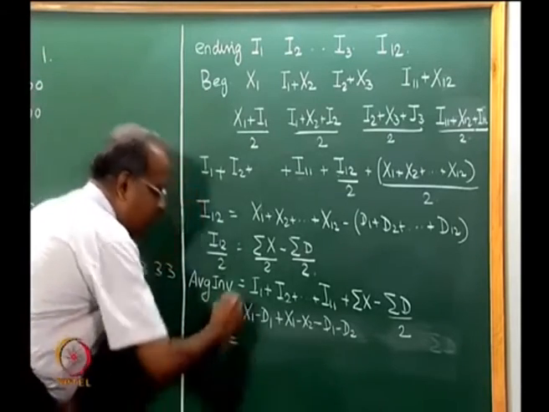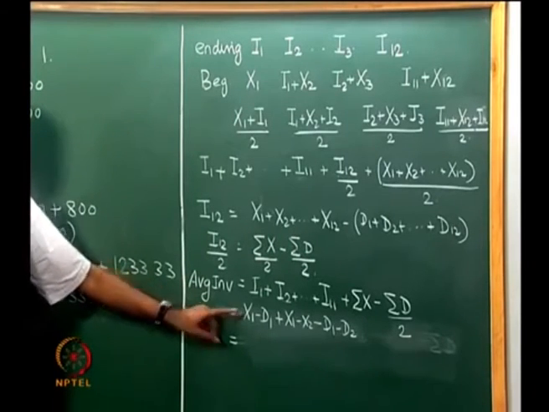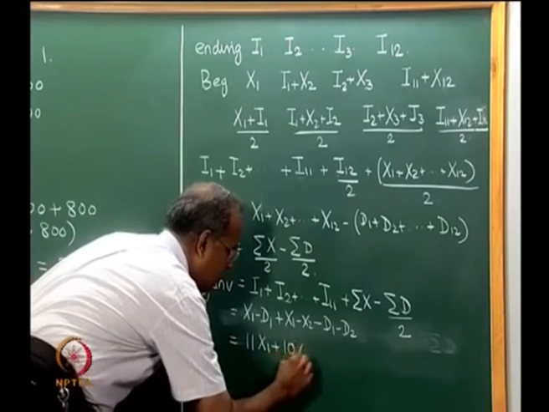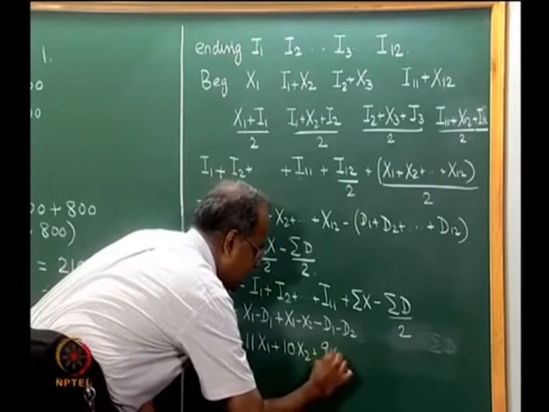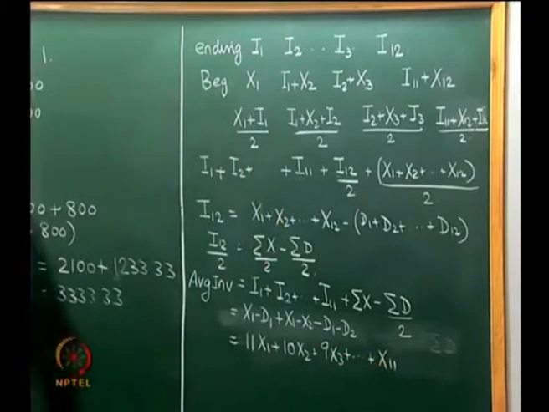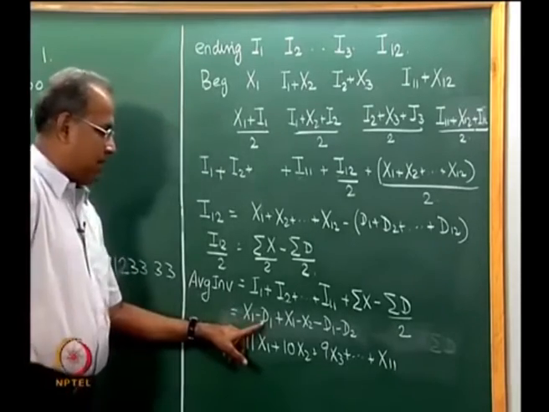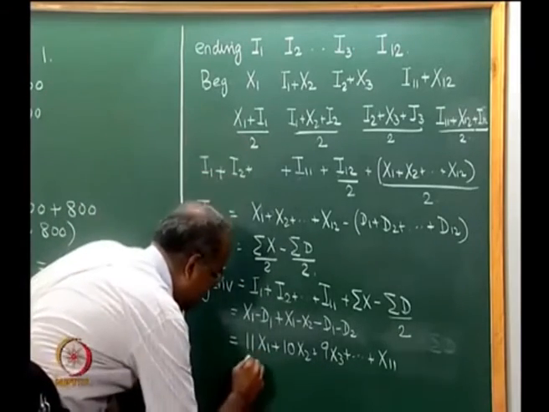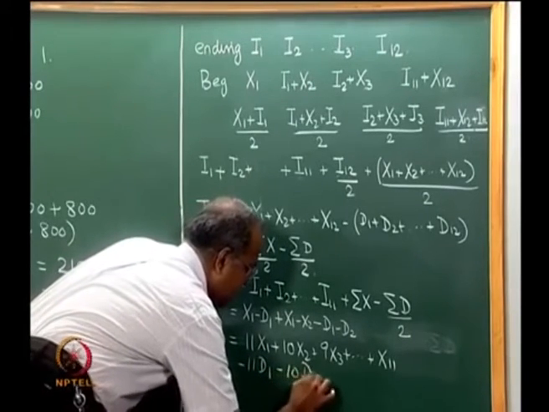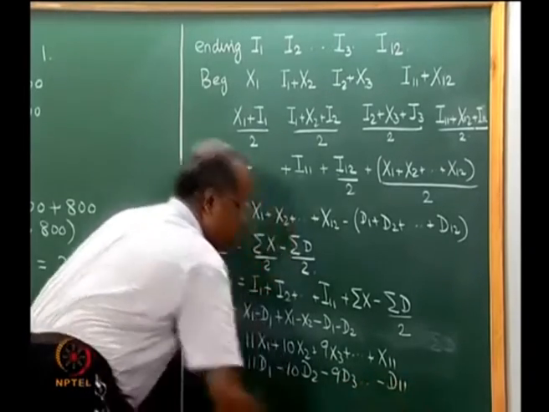So, on simplification, x1 will come 11 times. This will give me 11x1 plus 10x2 plus 9x3 and so on up to x11. Now, this one will become minus 11d1 minus 10d2 minus 9d3 and so on minus d11.